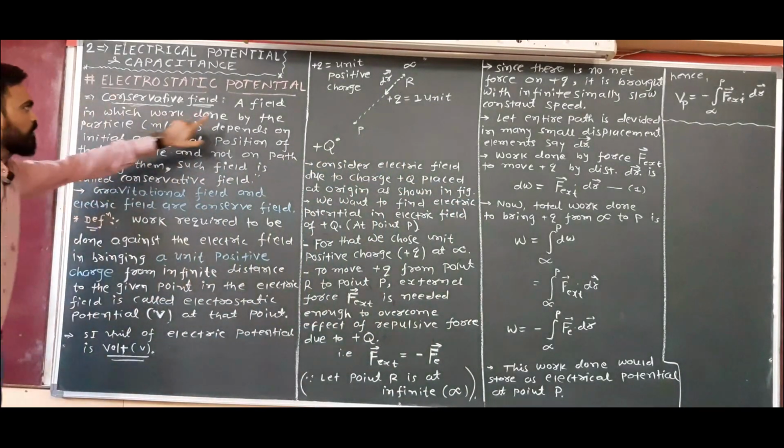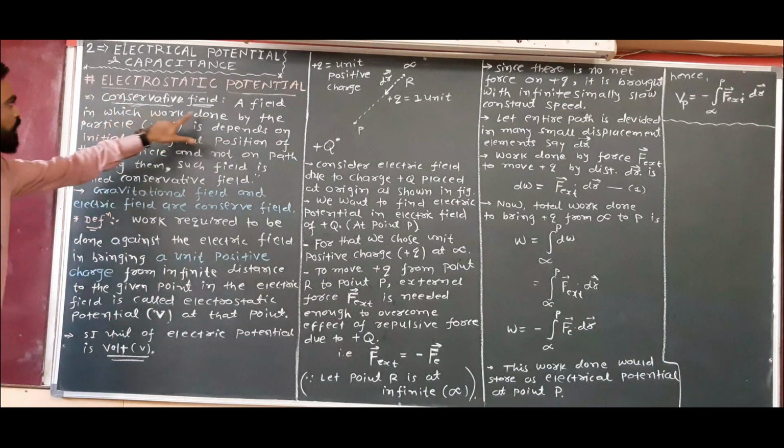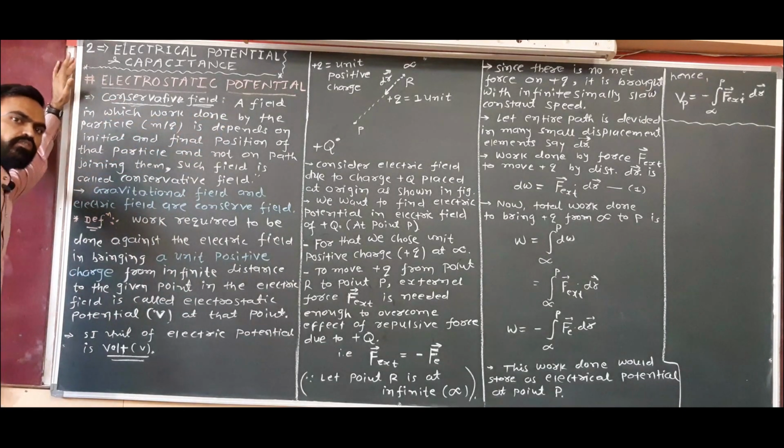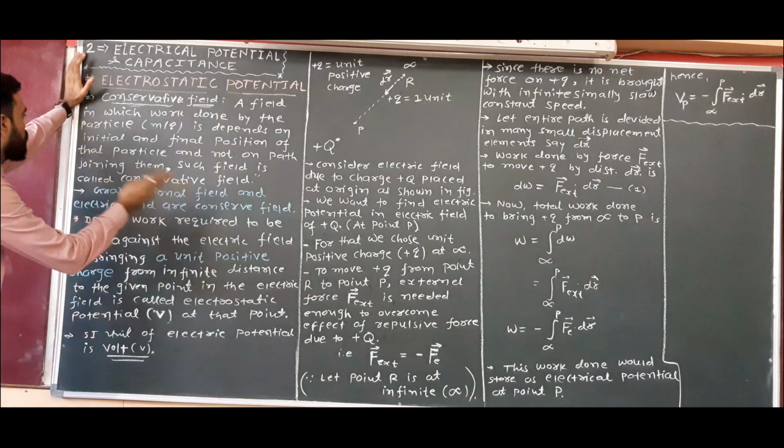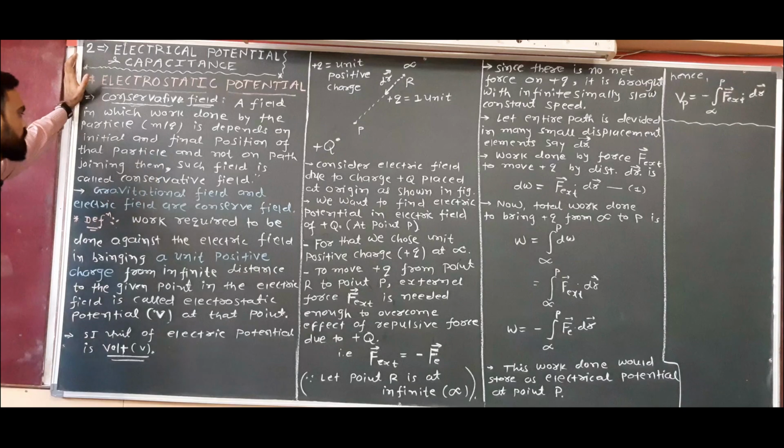Conservative field: a field in which work done by the particle depends on the initial and final position of the particle and not on the path joining them. Which particle do we take? If we deal with the gravitational field, then we have masses, and if we have electrical field, then we have charge, right? Such a field is called conservative field.